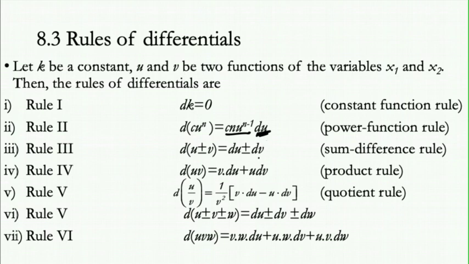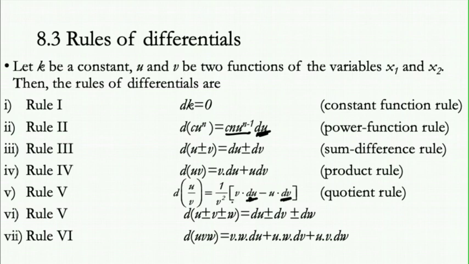Now, rule number 3 is the sum difference rule. This one is also easy. It looks like this: du plus or minus dv. Product rule means multiplication. d(uv) is actually v du plus u dv. Quotient rule is just the same as the way you do differentiation for the ratio of two functions, but don't forget this and don't forget this.